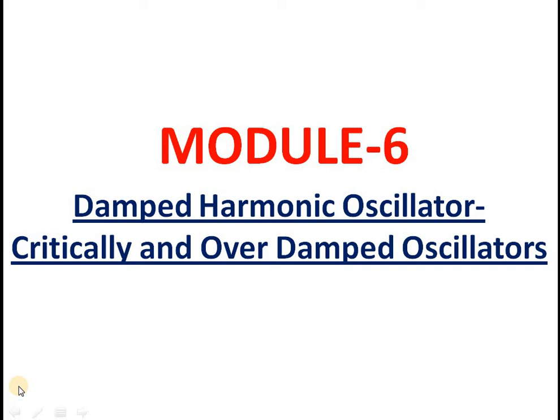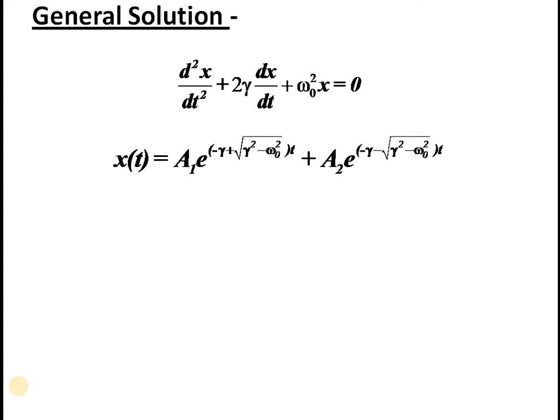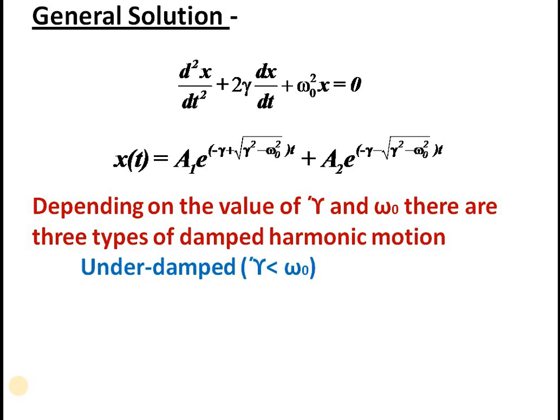Okay, so in the last class we have seen the differential equation of a damped harmonic oscillator, and the solution was also discussed. We found how it is solved and we got the expression for x. Depending on the values of gamma and omega 0, we had different cases, in which the underdamped case was discussed.